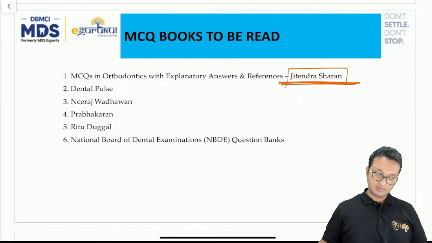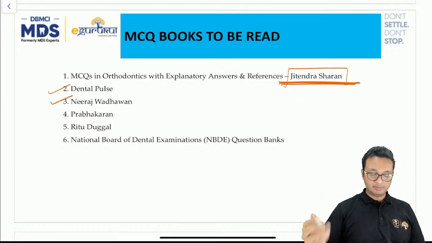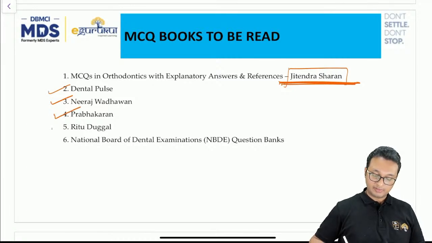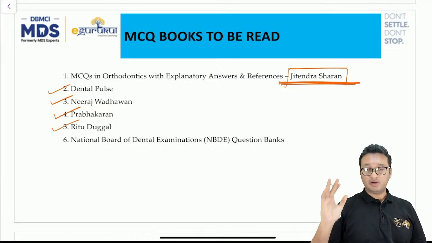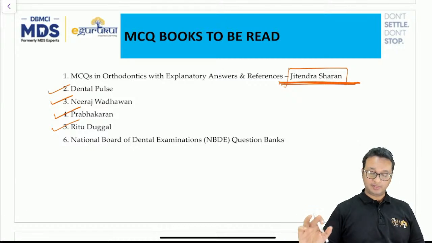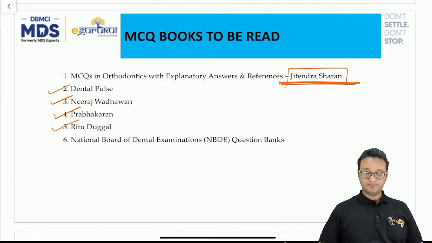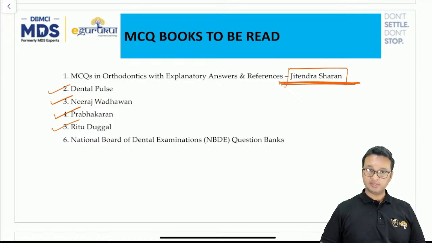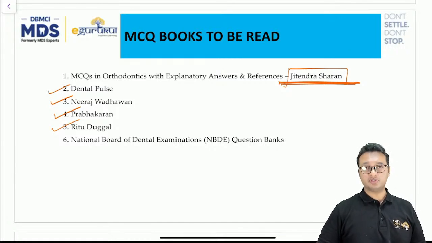Excellent textbook. Dental Pearls, everybody must be reading. Neeraj Wadhwan, everybody must be reading. Prabhakaran, Ritu Duggal. So the orthodontic section of Neeraj Wadhwan, Prabhakaran and Ritu Duggal is important. Certain straightforward MCQs are asked, I have seen, from Prabhakaran and Ritu Duggal books.